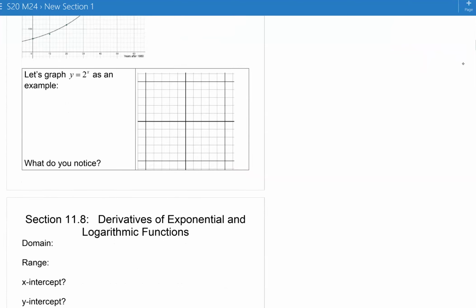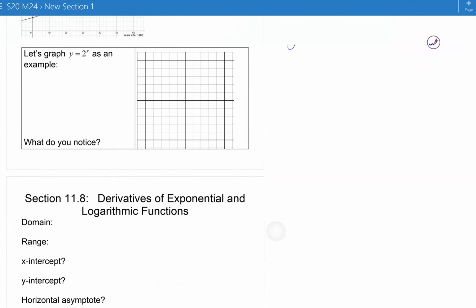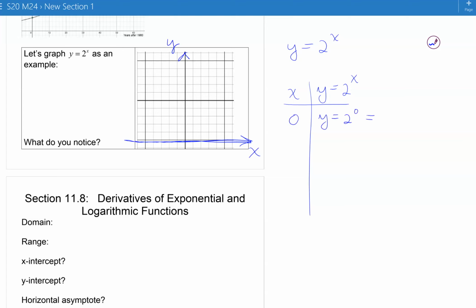So let's make a graph of y equals 2 to the x as an example, so we can see what the graphs look like. So I'm going to have x and y equals 2 to the x. I'm going to put my x-axis down here at the bottom so that I have more space for the graph. So when x is 0, y will be 2 to the 0, which is 1.